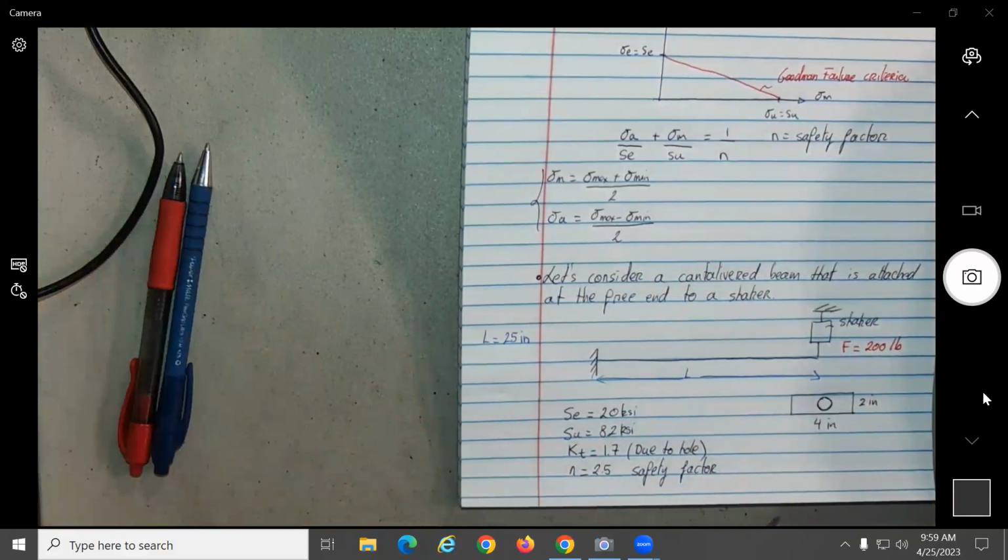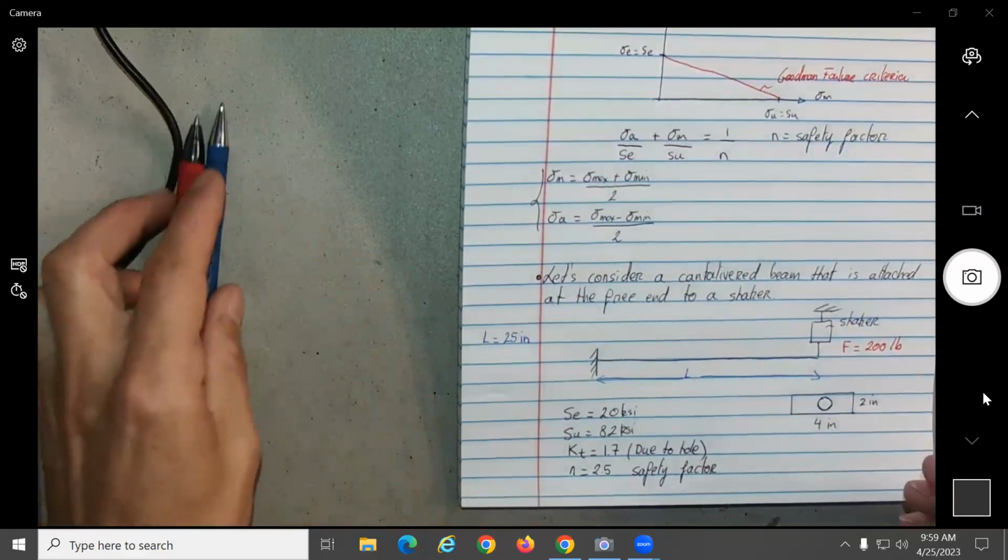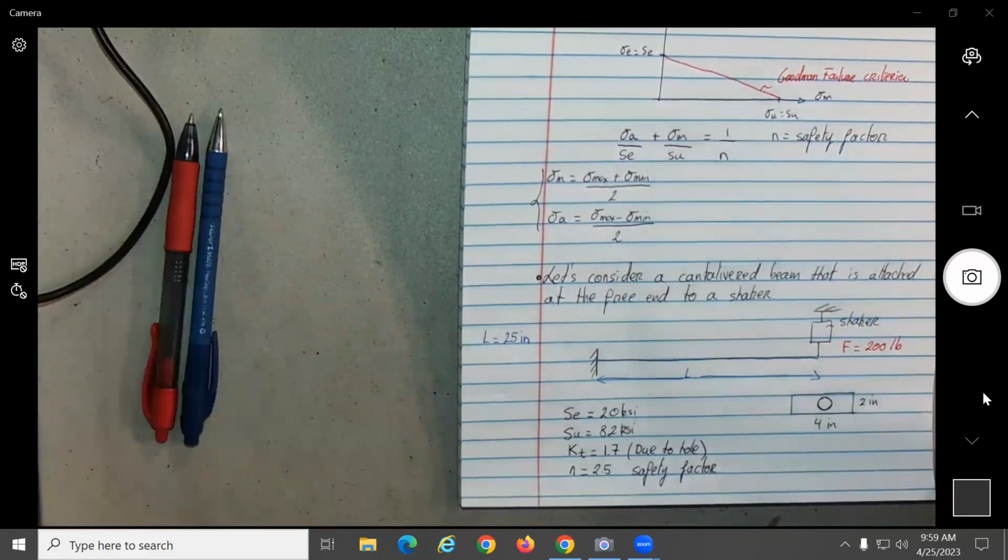Our question will be what? To see if this structure is safe considering the Goodman criteria.